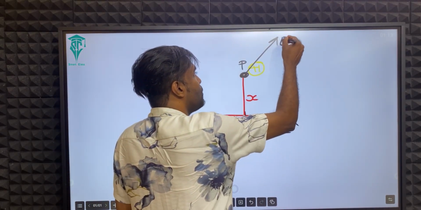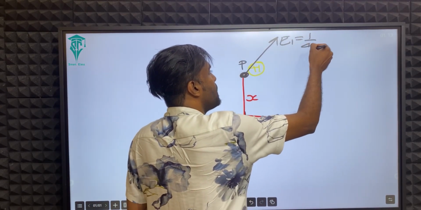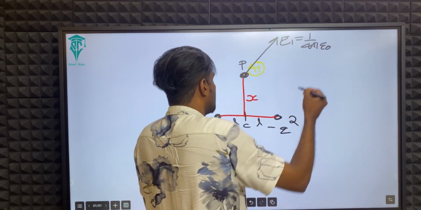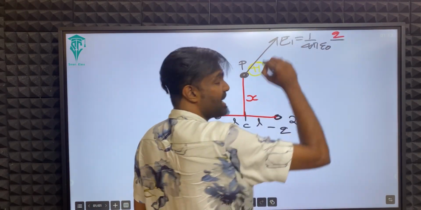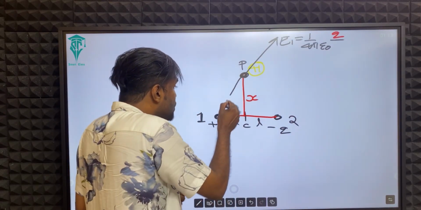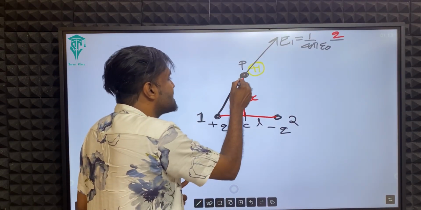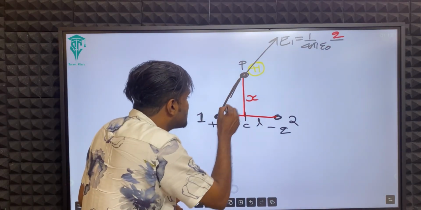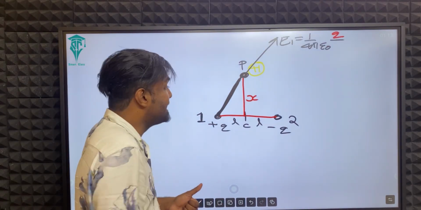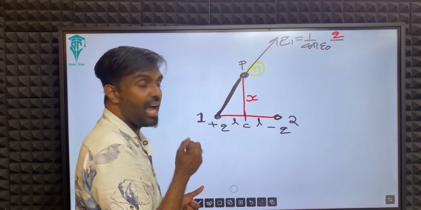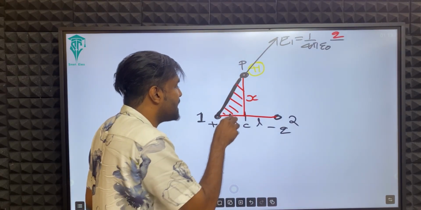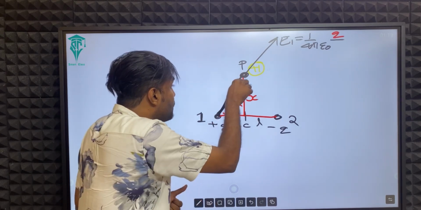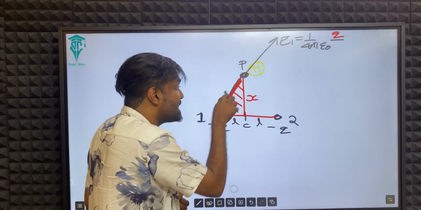So it is E1, whose value will be 1 by 4 pi epsilon 0, the charge is plus Q, divided by this much distance, guys. What is this distance? This is actually the hypotenuse of this red colored triangle.